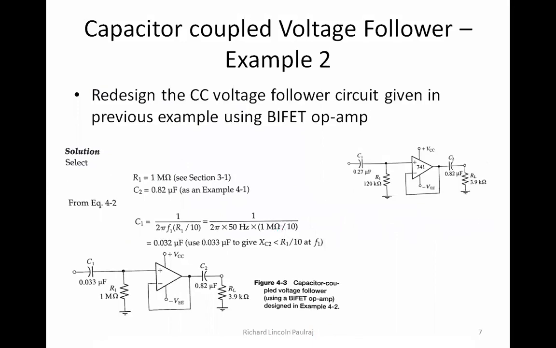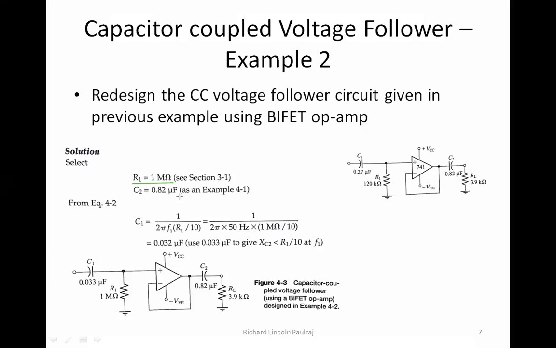So moving on to the next example. What we will be doing is using a BiFET instead of an op-amp. Now remember, for BiFET, we had a condition that my R1 is going to be 1 megaohm. And C2 we are taking from the previous example, which is about 0.82 microfarads.